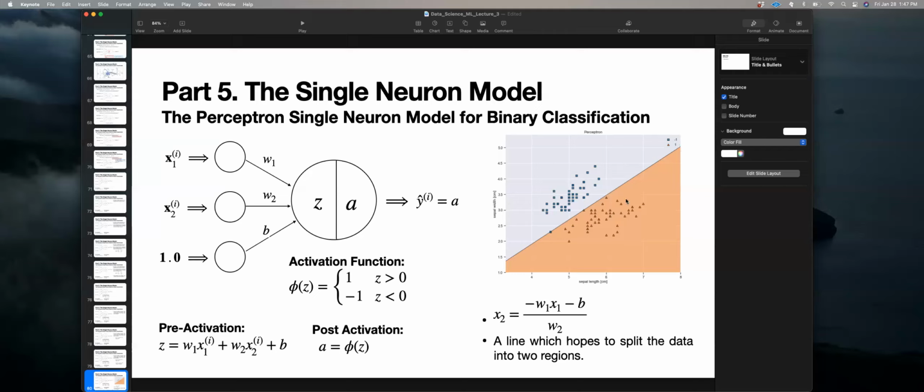Okay. In the bias term, notice that this line is not passing through the origin. That's because we have a bias term. If this bias term was not there, the movement of the line would be restricted to pass through the origin. We need the bias term to move up and down so that we have some hope of possibly finding a line that splits this data. Now, it happens to be the case that this data in front of us is what's called linearly separable.